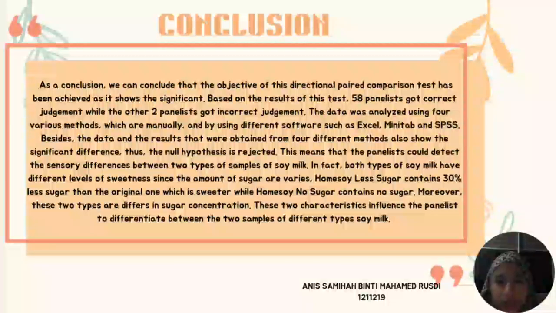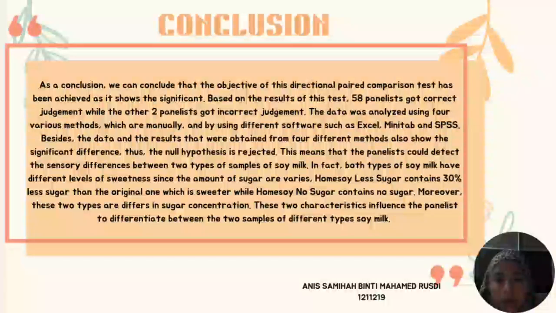The data was analyzed using 4 various methods, which are manually and by using different software such as Excel, Minitab, and SPSS. Besides, the data and the results that were obtained from 4 different methods also show the significant difference.